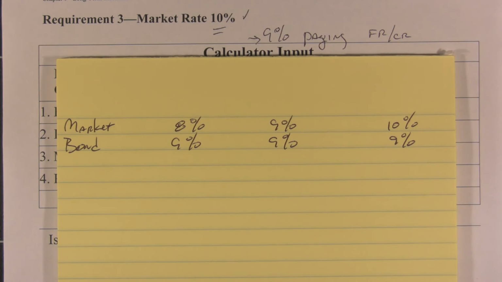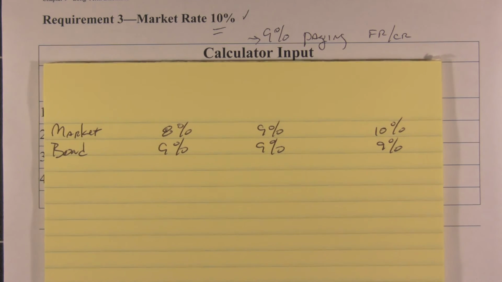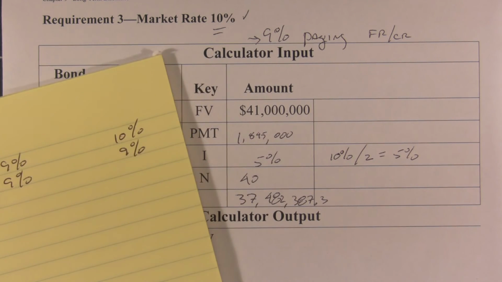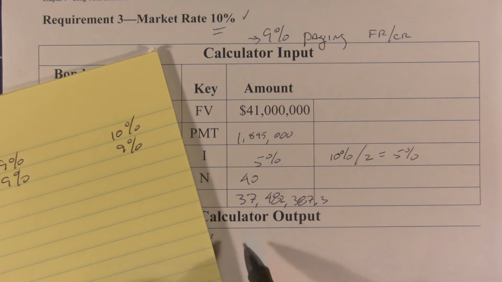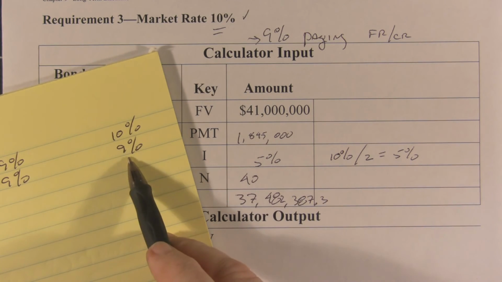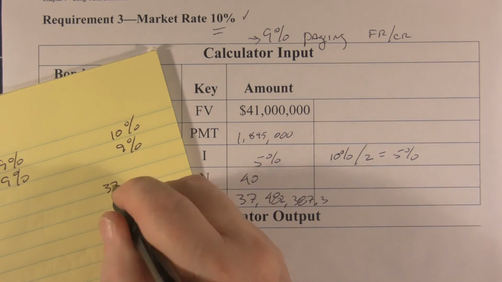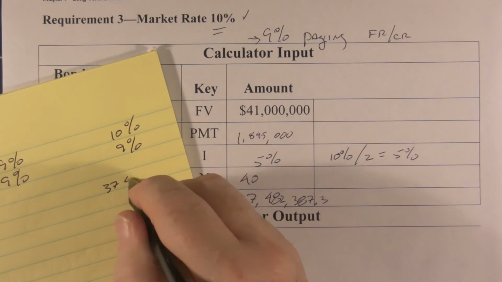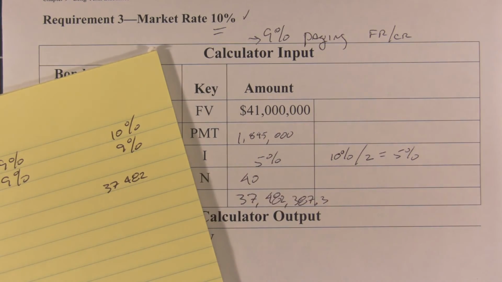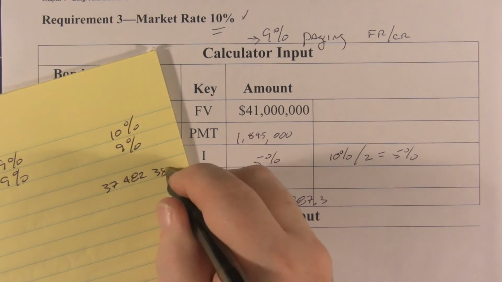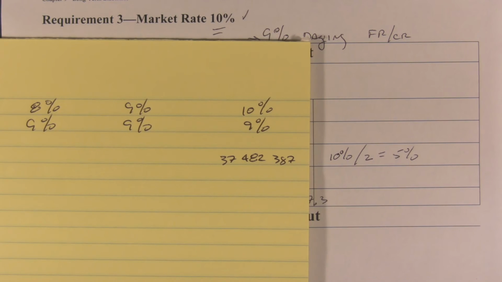In each case, the bond sold for a different price. Let's take a look at this one because it's the one we have here. When the market rate was 10%, our 9% bond sold for $37,482,387.